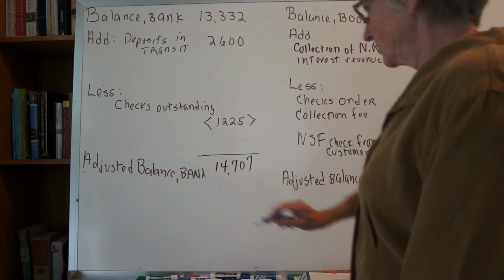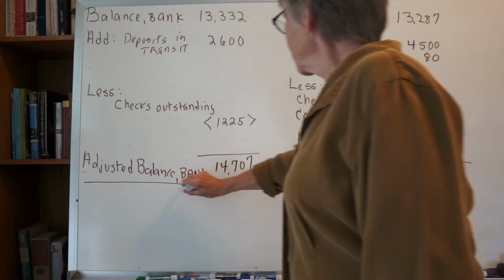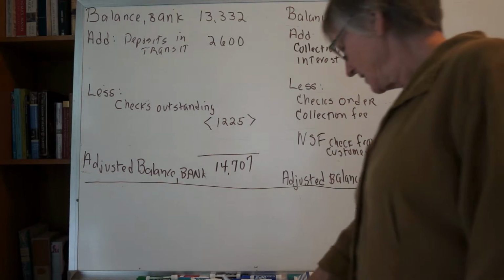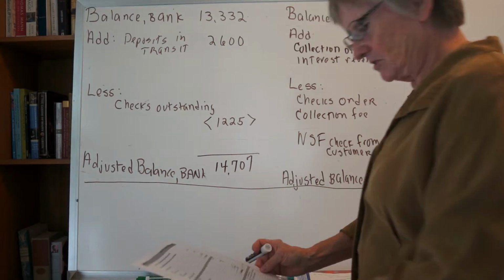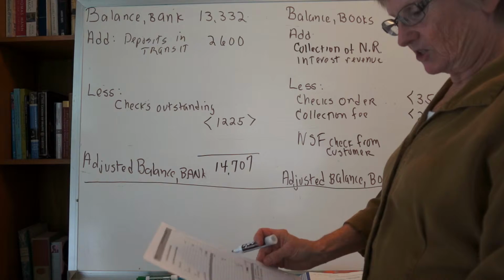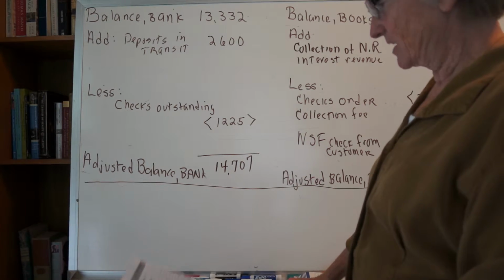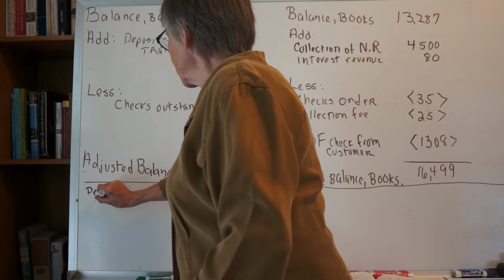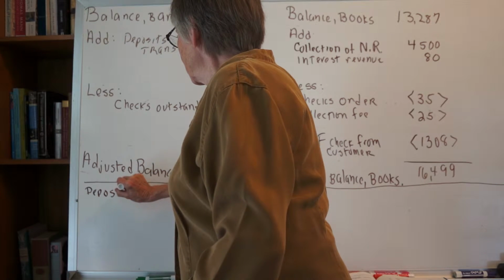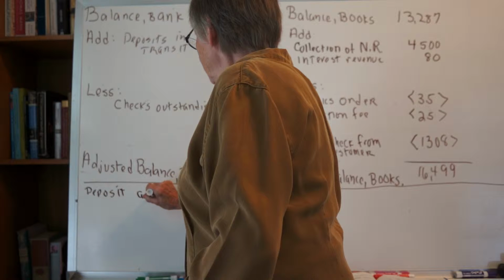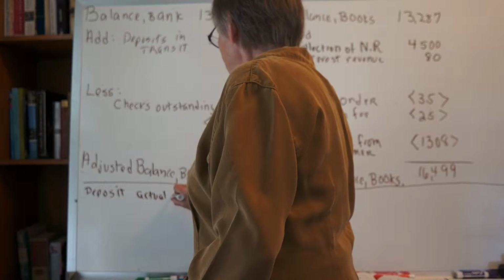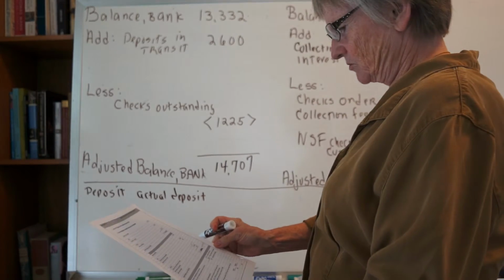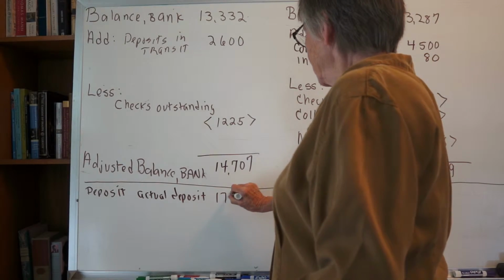I don't have a whole lot of room to do errors here, but we'll do the best we can. So the first one is item number 2. It says cash sales were deposited in the bank. And how I like to do this is we've got a deposit error, but the actual deposit that was made to the bank was $1,720.